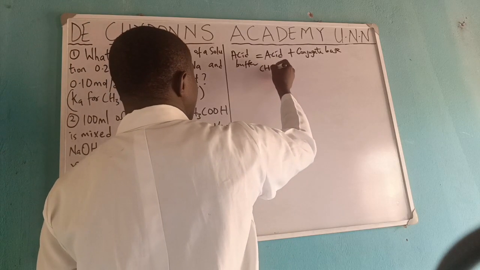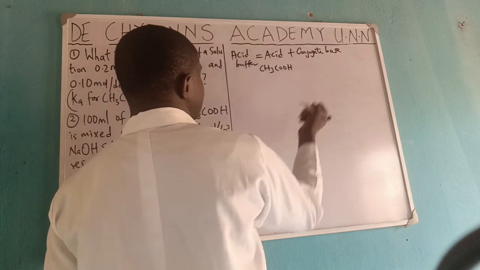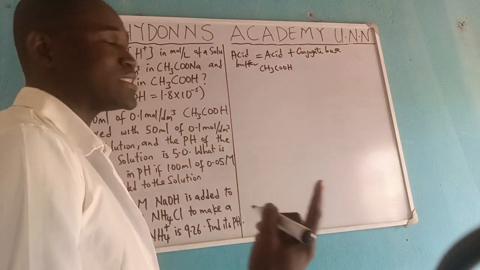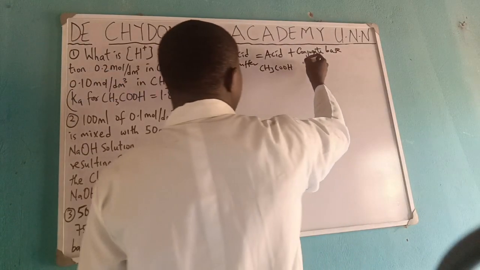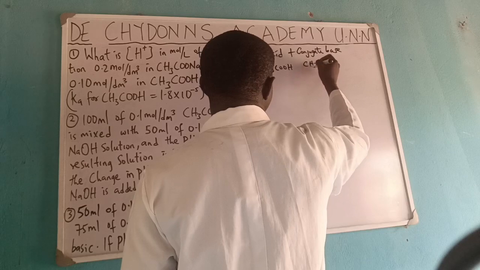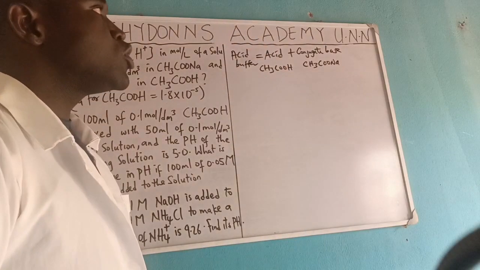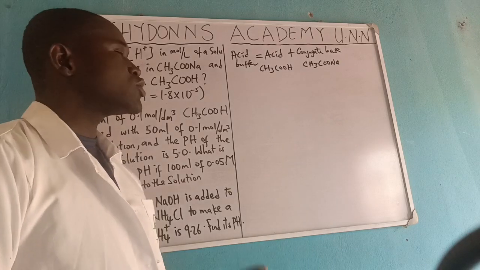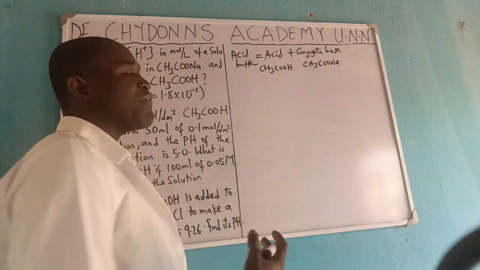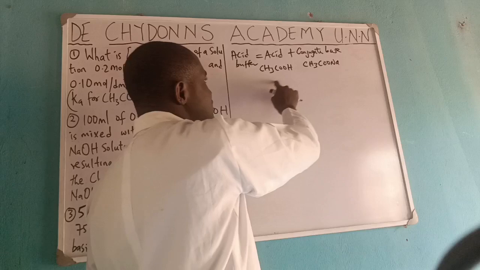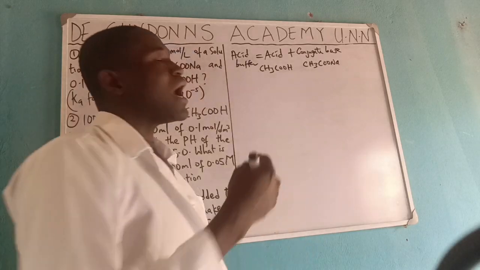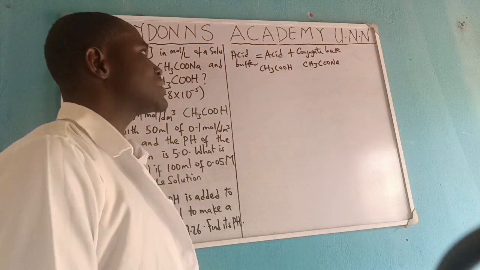This is an example of an acid, a weak organic acid, ethanoic acid. Then this is an example of its conjugate base, sodium ethanoate. When you have a solution containing this and this, we call that solution an acidic buffer or acid buffer.